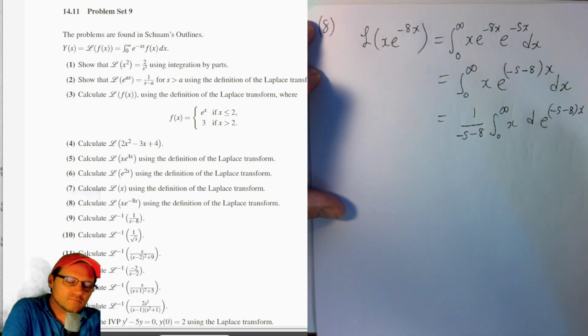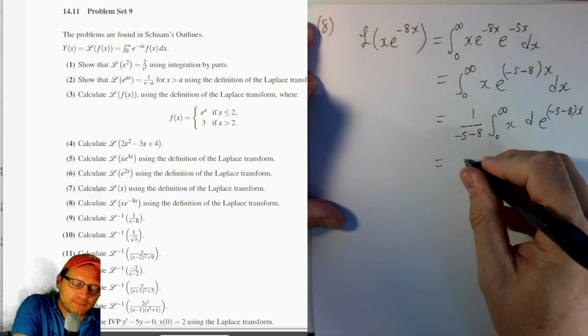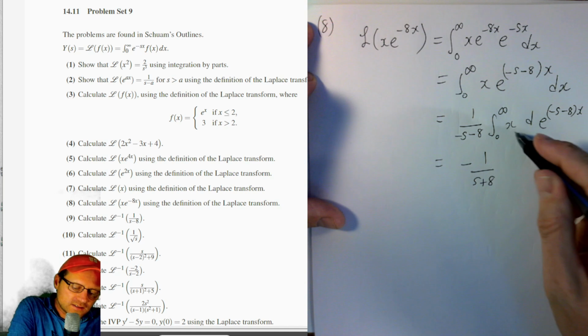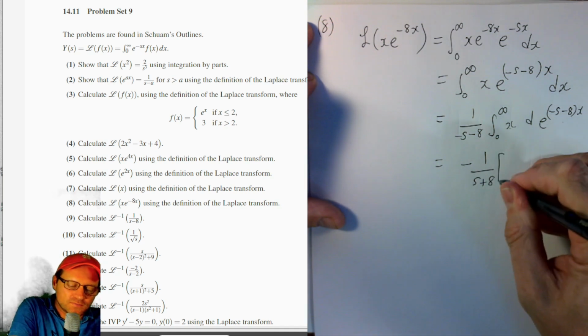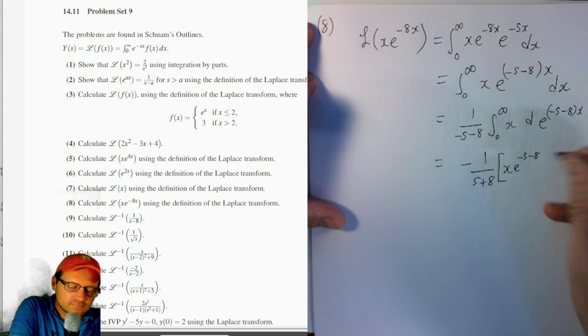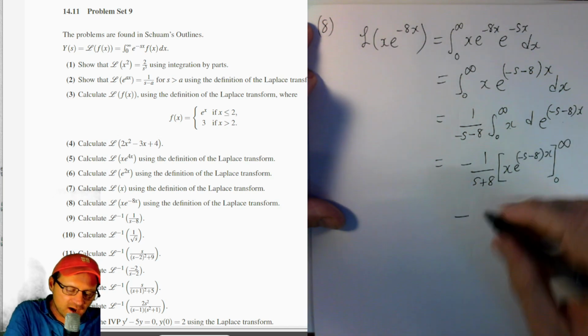Okay, now we can use integration by parts. And so we take the product of these two. And then we swap the roles of these in a subtraction.